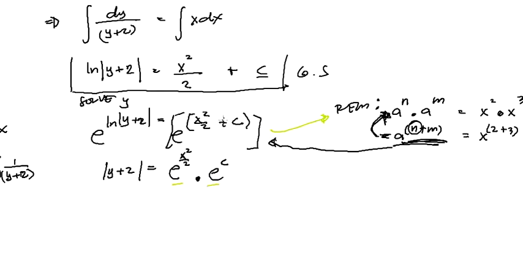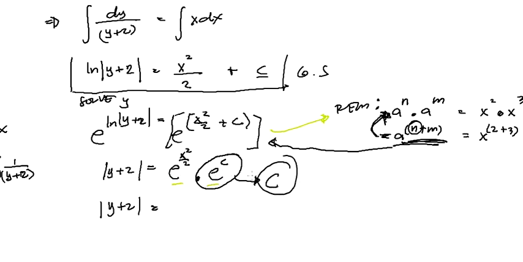That's why we have e raised to this part multiplied by e raised to this constant of integration c. We can simplify this further by saying that the absolute value of y plus 2, do not forget, is equal to this term here, where e raised to c is just a constant. So we can express this term in just a letter c. So we have c e raised to x squared all over 2.